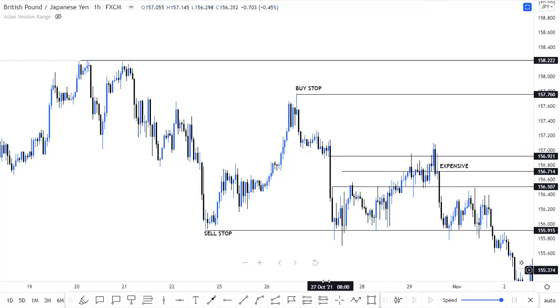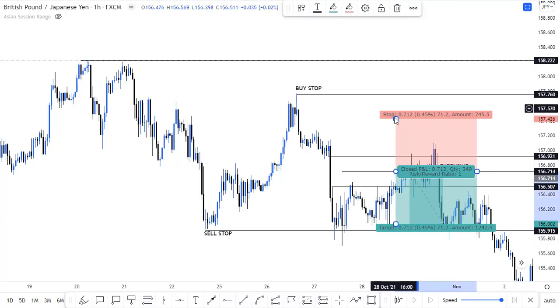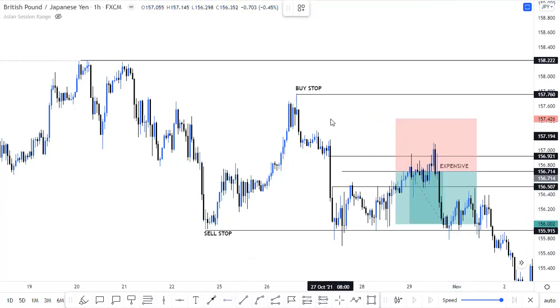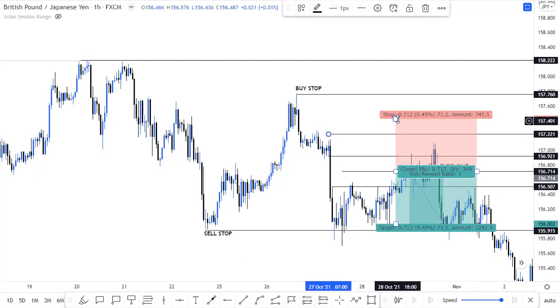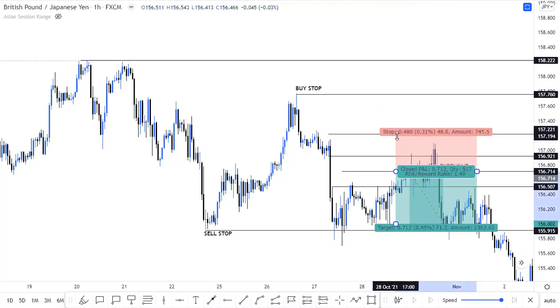And on the 50%, that is where I like to place my own limit. I place my limit and then I put my stop loss above this high, maybe like 5 or 10 pips above. Right there.